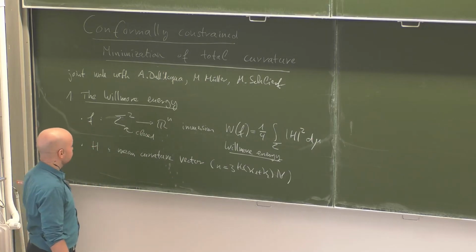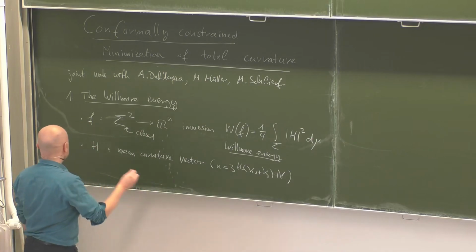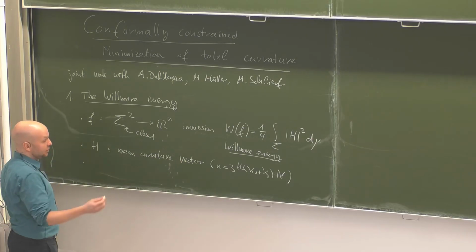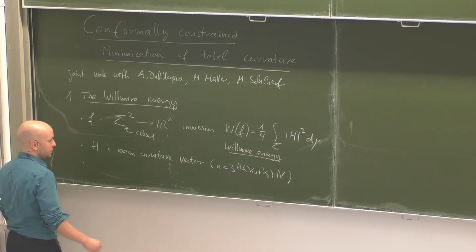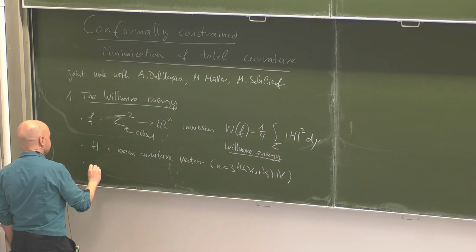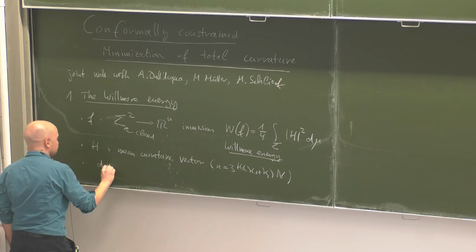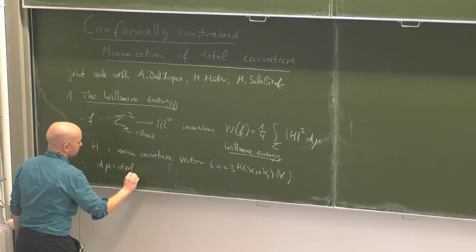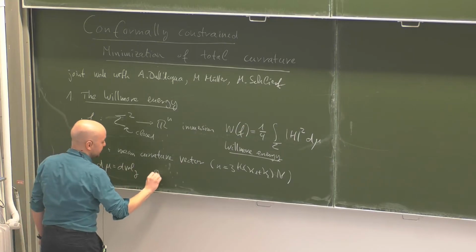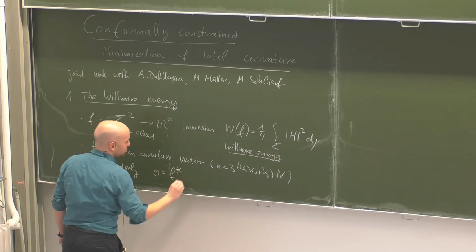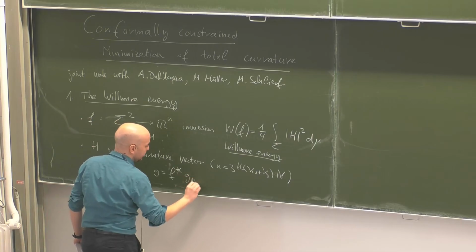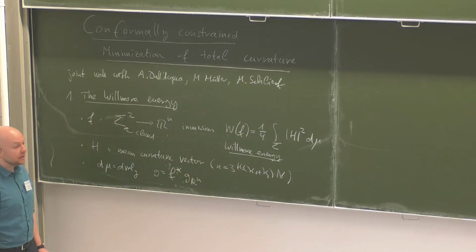Okay. And what is mu here? Mu is the two-dimensional volume measure or area measure induced by the metric, and g is the metric which we get by pullback under F of the Euclidean metric in R^n, making this an isometric immersion, if you want.